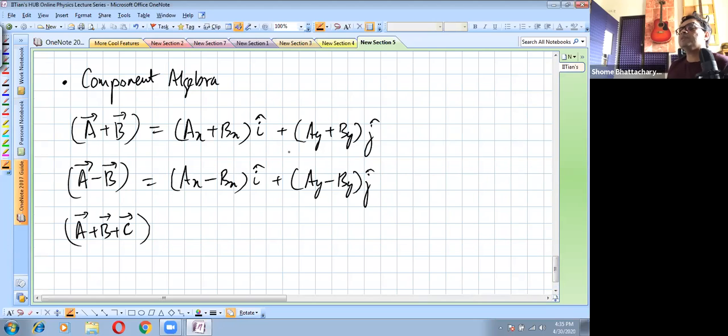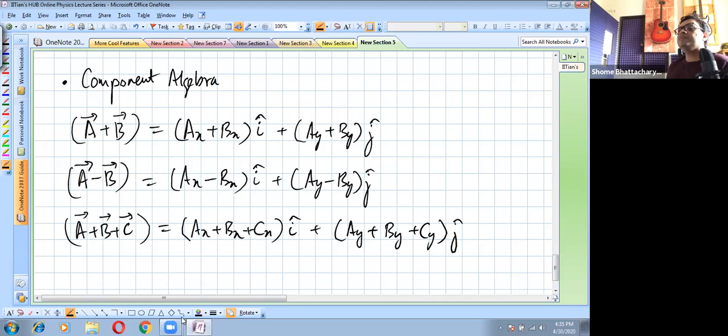First add A plus B, so you'll get this, and to that add C, so you will finally get Ax plus Bx plus Cx into i cap plus Ay plus By plus Cy into j cap. Similarly, if I had something a little bit more hybrid, like A plus B but minus C, then here there would be a minus sign, here there would be a minus sign. Like that. Okay, so this is how we accomplish the component algebra. So let's see a quick question.